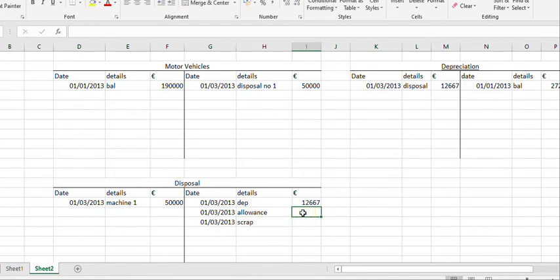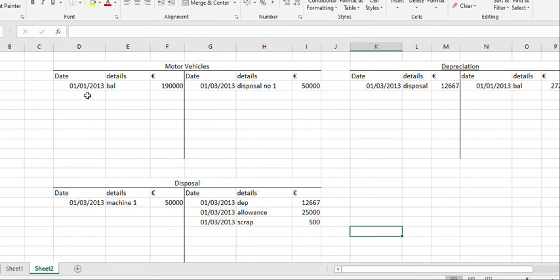So the allowance was 25,000, and the scrap figure was €500. So that deals with vehicle number 1, the disposal of vehicle number 1.